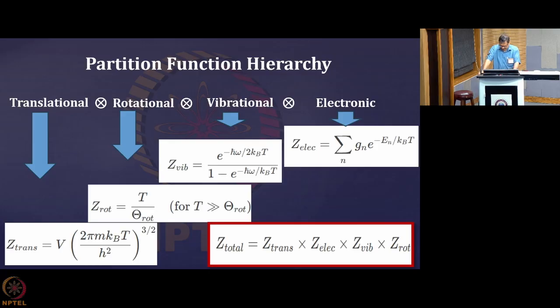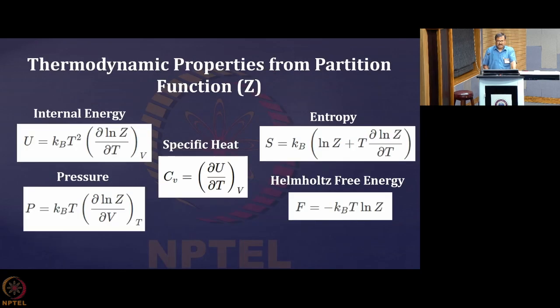Because for composition you will require this partition function, and this composition actually determines the transport properties as well. So once you know this partition function, then from the knowledge that we acquired in our BSc or MSc classes, we know how to find the internal energy for the system.